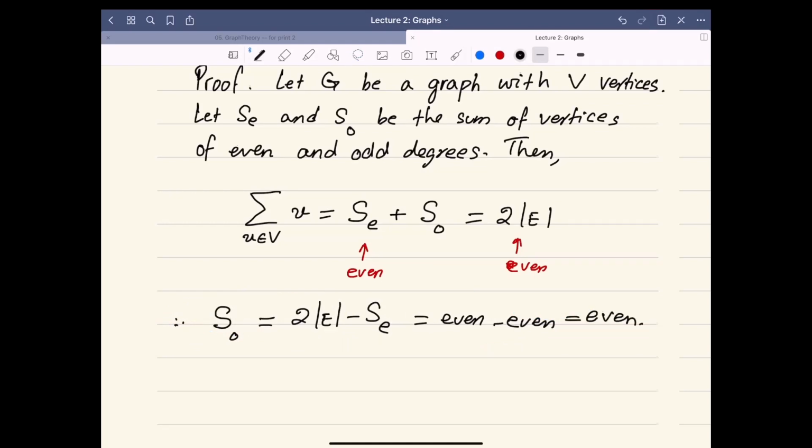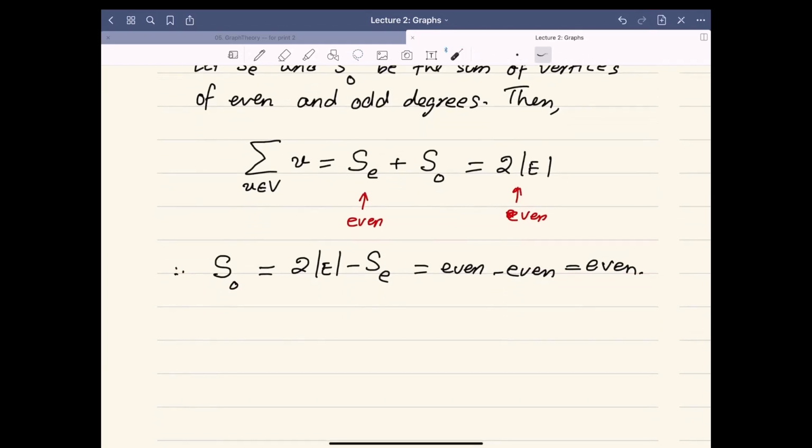So we now know the summation of all odd degrees is even, but that does not indicate that the degrees themselves are even. It says the summation is even. So we have to elaborate more.